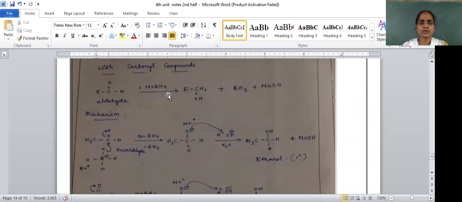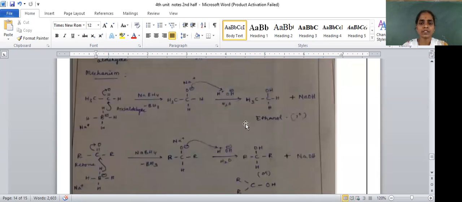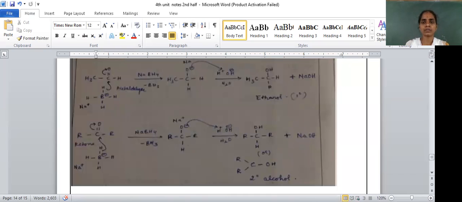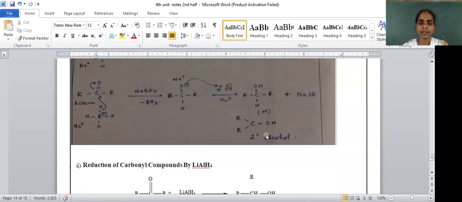NaBH4 is liberated as BH3 in sodium hydroxide. First, ethanol is forming, that is a primary alcohol. And if a ketone reacts in the presence of sodium borohydride, sodium and O negative abstract the proton, forming OH. So alcohol is forming again, a secondary alcohol.